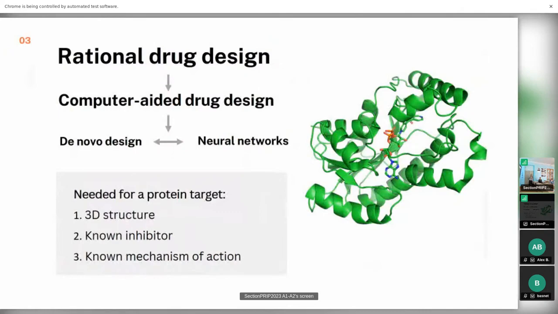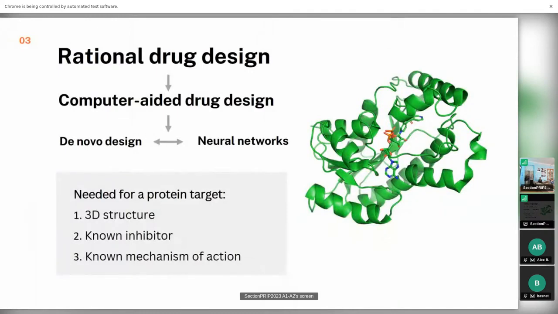In our work, we are going to use a strategy called de novo design, using deep generative neural networks. The idea is to choose a protein target involved in important processes of the Mycobacterium tuberculosis cell and block its activity, which causes the death of Mycobacterium tuberculosis cells.